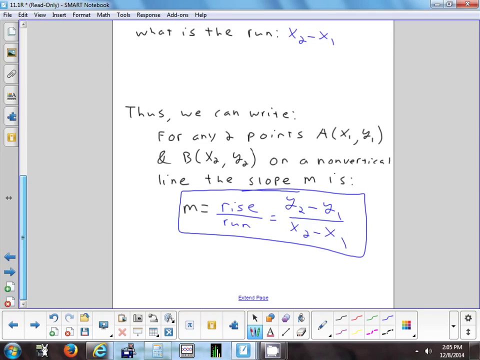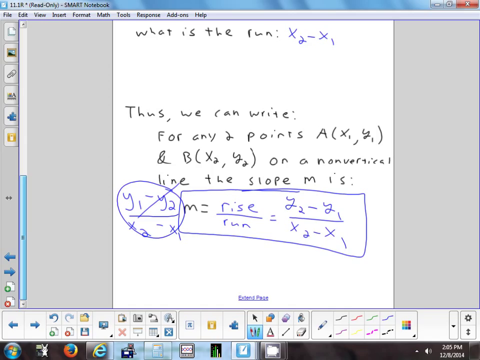Now, guys, if you wanted to do y1 minus y2, you better do it on the bottom too. You can't leave it as x2 minus x1. It's got to be in the same order. The order matters.